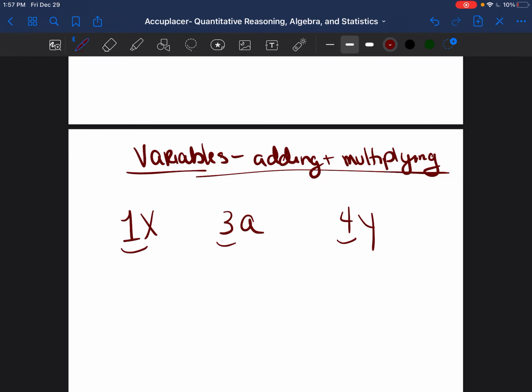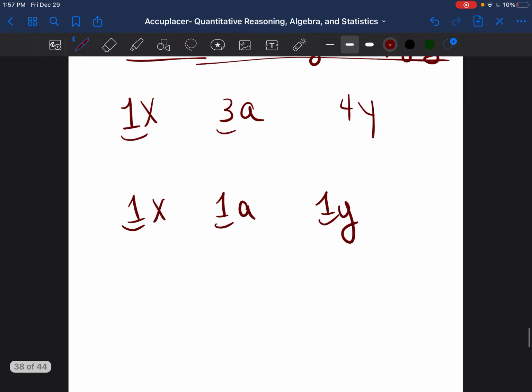You don't need to know that word, but just so you know, the coefficients are in front of them. Okay, if you ever see a letter that has no number or no coefficient in front of it, there's always an invisible 1. Again, if you see any variables, X, Y, Z, with no number in front of them, there's always an invisible 1 in front of them.